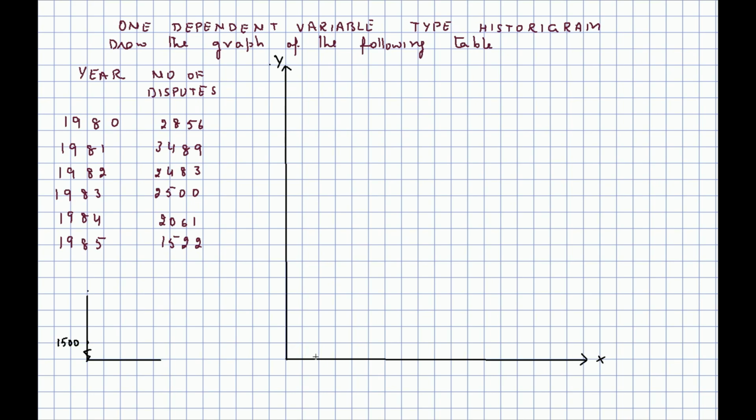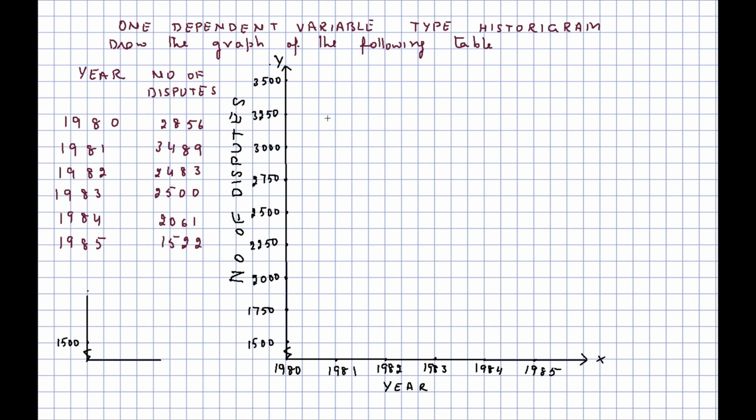Now representing year on x-axis. On y-axis we will mark 1500, 1750, 2000, 2250, 2500, 2750, 3000, 3250 and 3500. So I'm again explaining when there will be need to draw this kink. As we can see, the difference between any two values on y-axis is equal to 250.